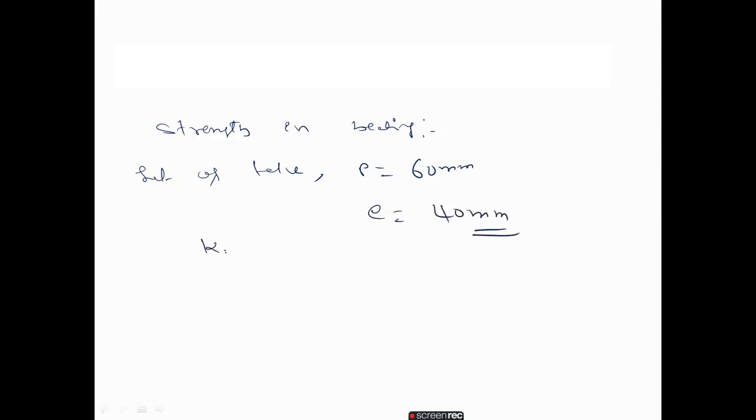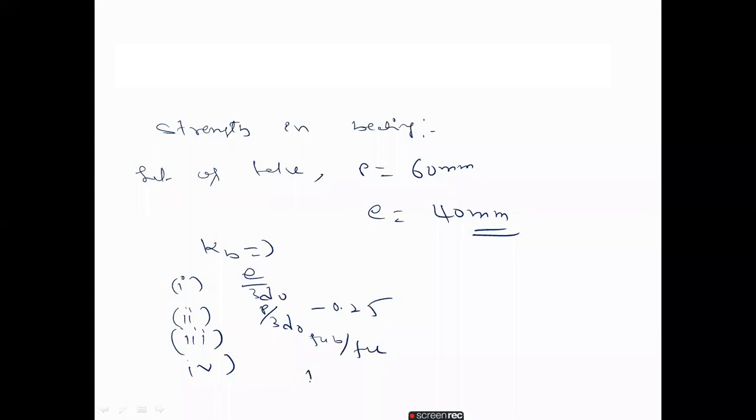Now we have to calculate the kb value. There are four conditions: the first is e by 3 d naught, the second is p by 3 d naught minus 0.25, the third is fub by fu, and the fourth is 1.0. Substituting, e is 40 and d naught, the hole diameter, is 22.